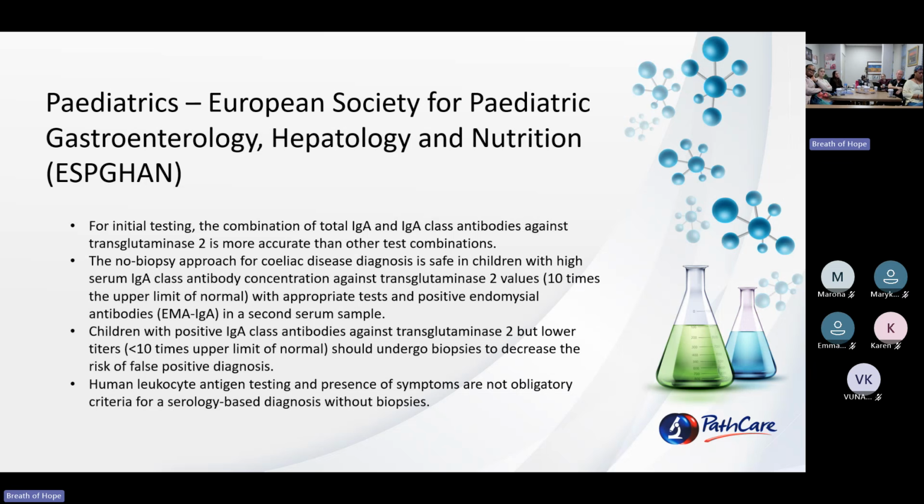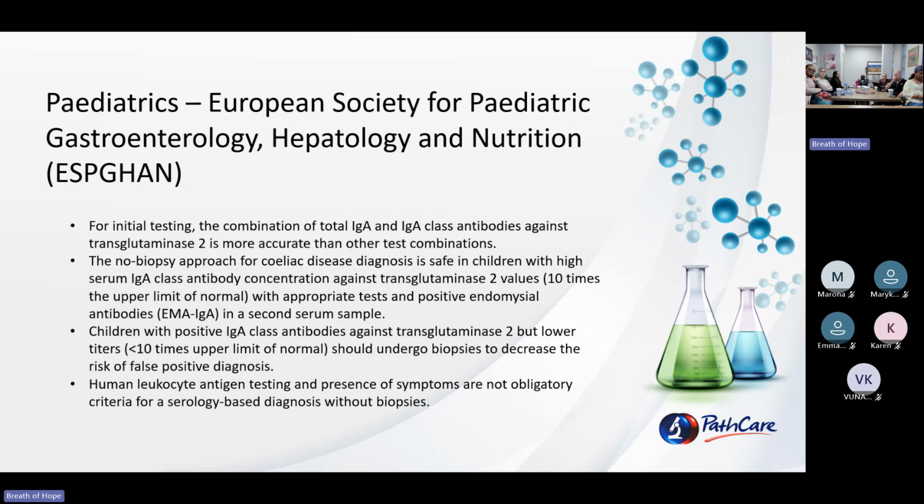If the patient has a tissue transglutaminase IgA value of more than 10 times the upper limit of normal, they recommend that you test for endomysial antibodies. If that is positive on a second sample, then with discussion with the parents and patient, it's possible that the diagnosis of celiac disease can be made without a biopsy.